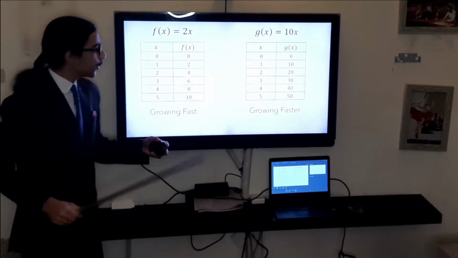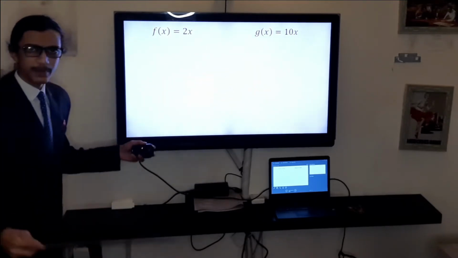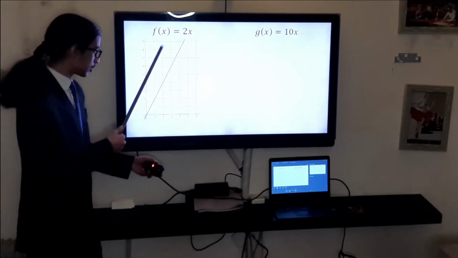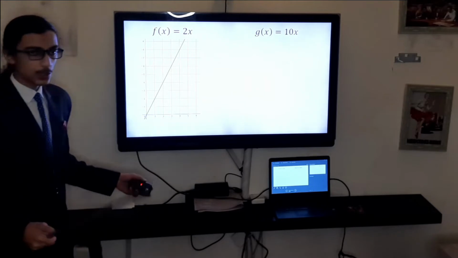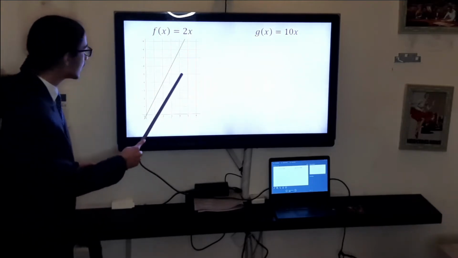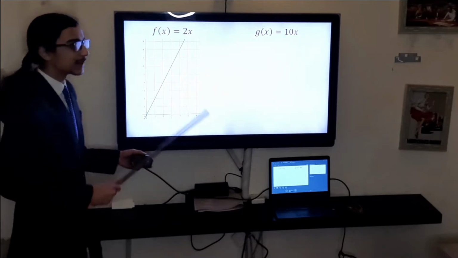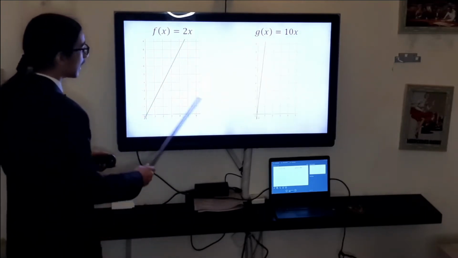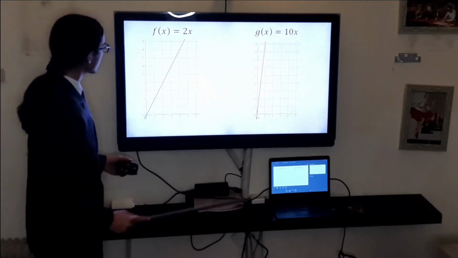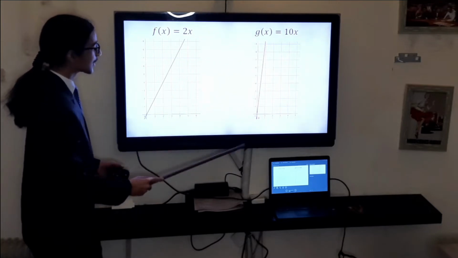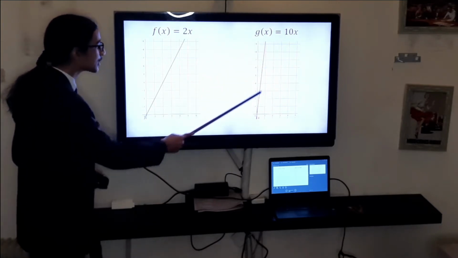We can also think about this graphically, maybe to get a better understanding. So when we graph functions on the Cartesian plane, it's common knowledge that the slope of the resulting curve or line, that is its gradient, represents its rate of growth or rate of change, right? And I can just graph both of these functions on separate sets of axes, and you can immediately see that this function g of x is equal to 10x has a much steeper slope, right?